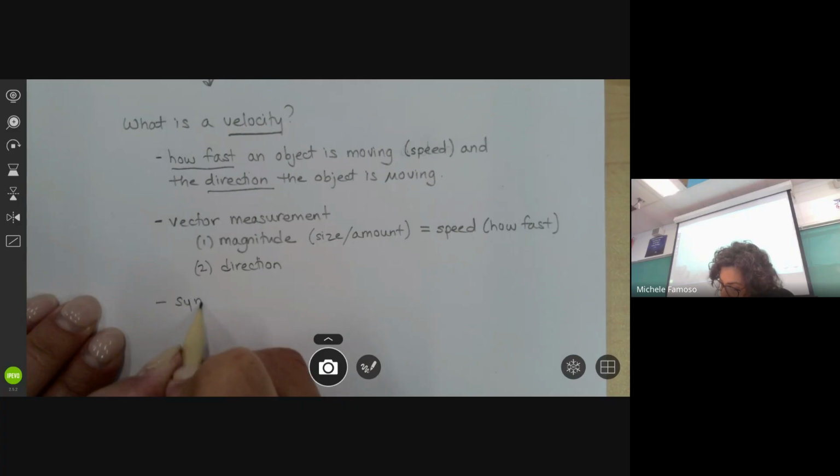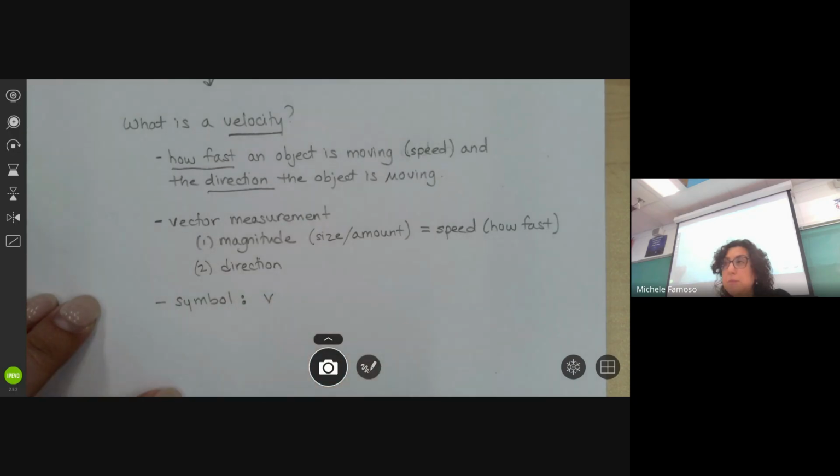So the symbol that we're going to use for velocity is a V. V for velocity, but because it has a direction, we're going to put that little arrow over the top of it to remind us it is a vector.